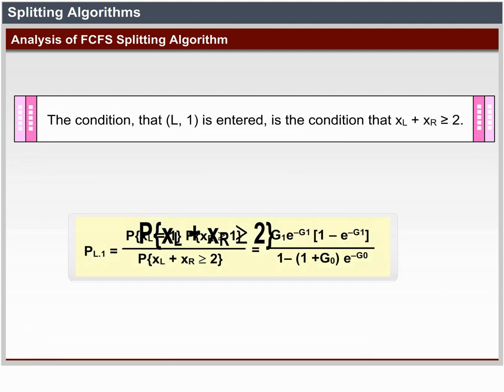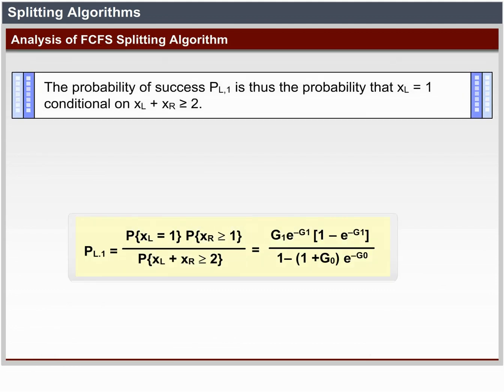The probability of success P_L,1 is thus the probability that XL is equal to 1, conditional on XL plus XR greater than or equal to 2.